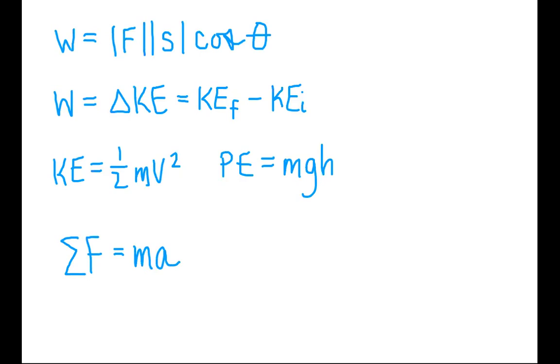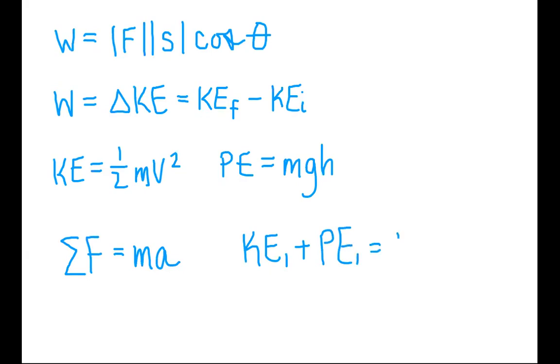Oh, and then there's also the conservation of energy one that he used, which was kinetic energy 1 plus potential energy 1 is equal to kinetic energy 2 plus potential energy 2. Right, because energy initial is equal to energy final.